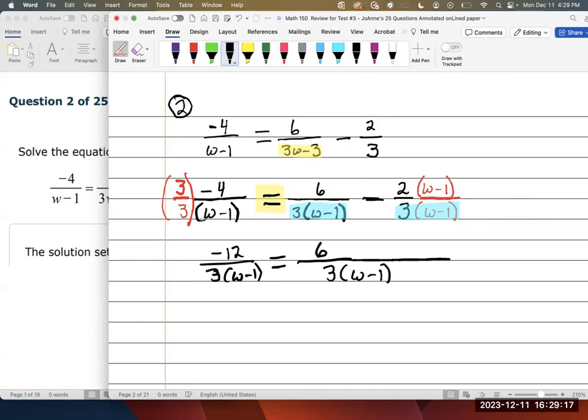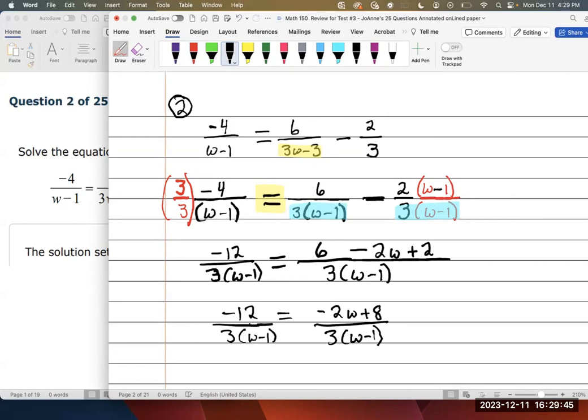So 6 minus, and I'm going to distribute at the same time, 2 times w. Negative 2 times negative 1 would give me positive 2. So I have a negative 2w plus 8 in my numerator on the right. I have a negative 12 in my numerator on the left.